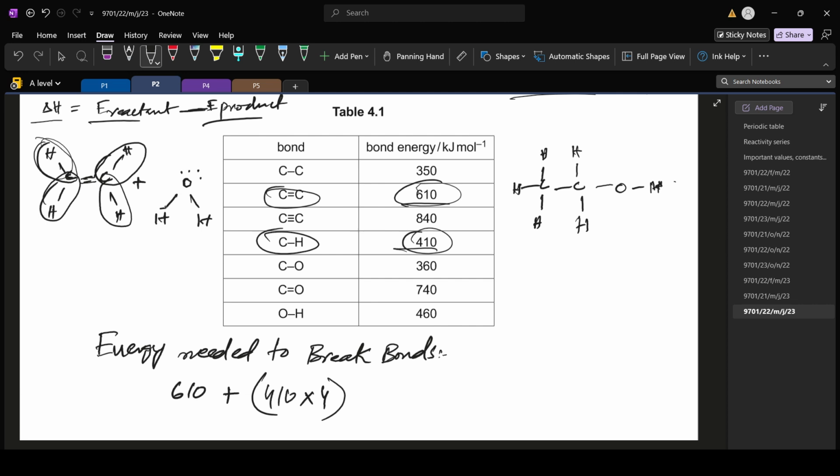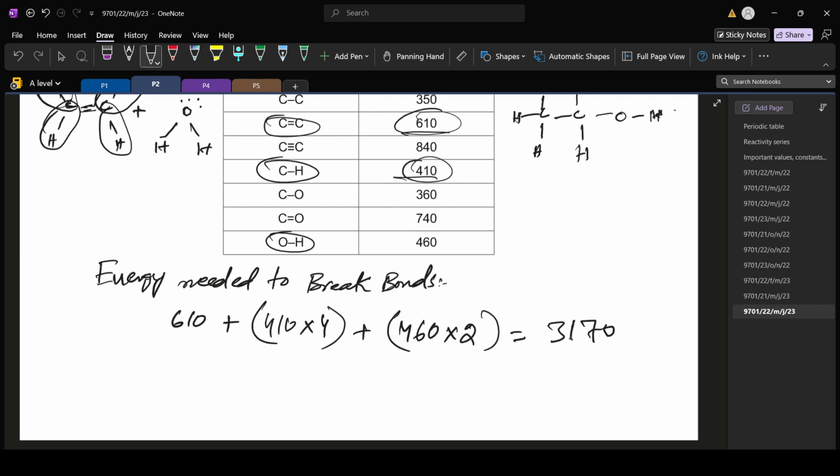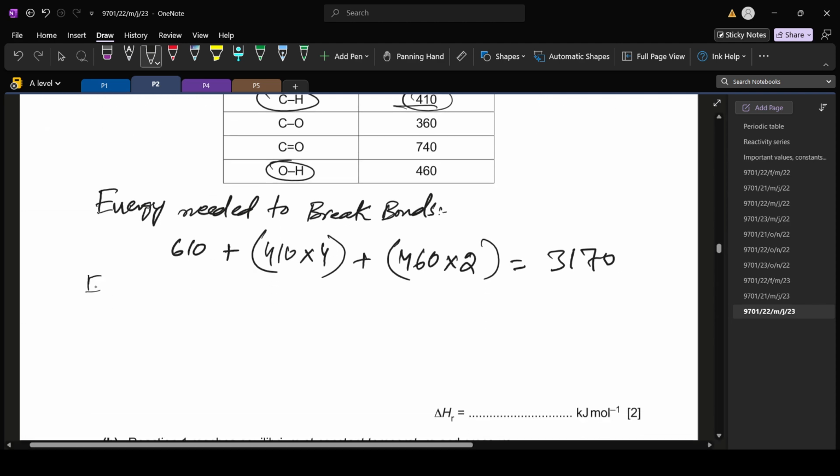Now you have 2 OH bonds, and the bond energy of an OH bond is 460, so multiplied by 2. So this is your energy of reactants, or the energy needed to break bonds. It's actually going to be 3170.